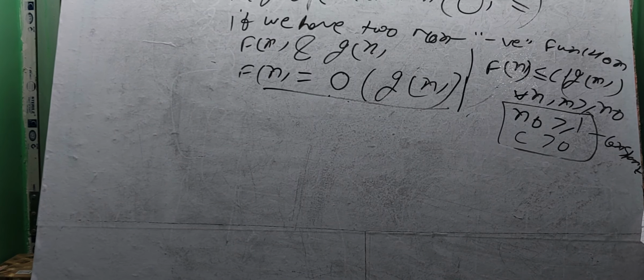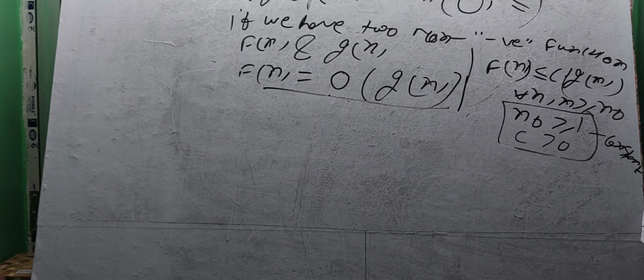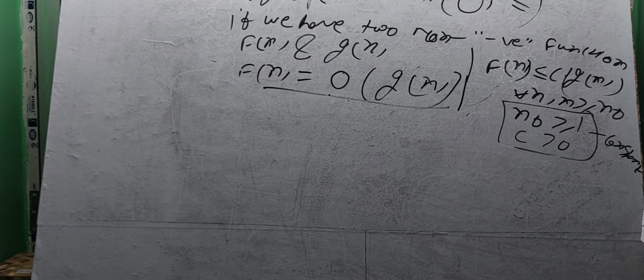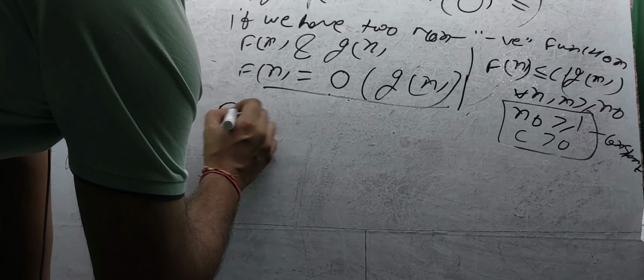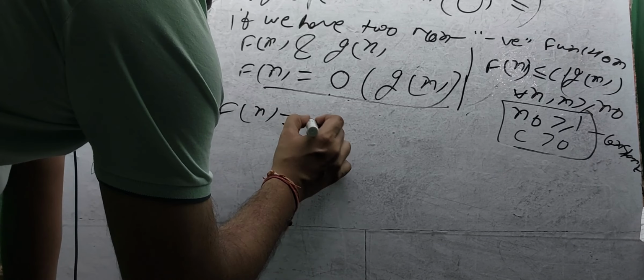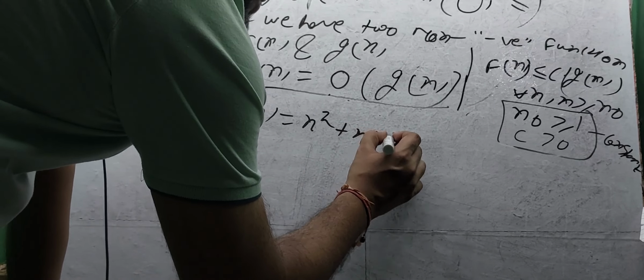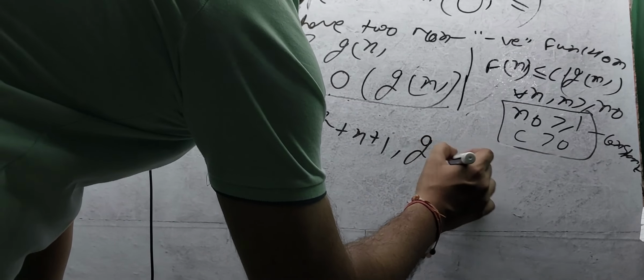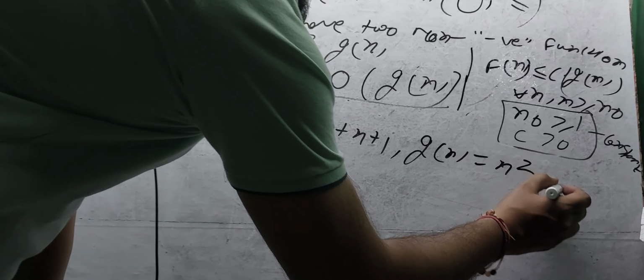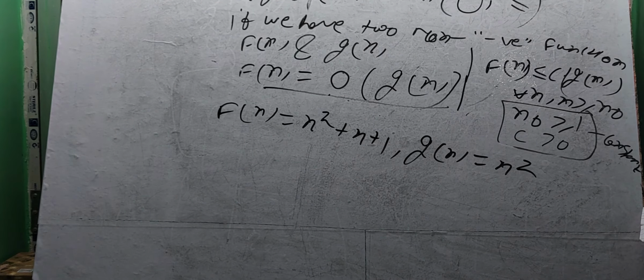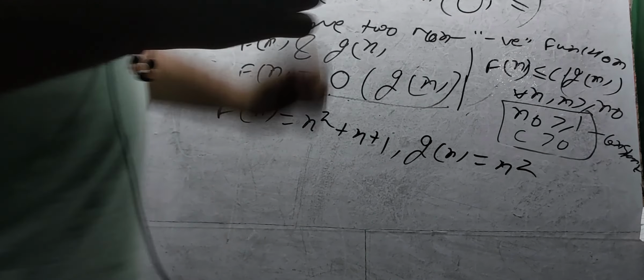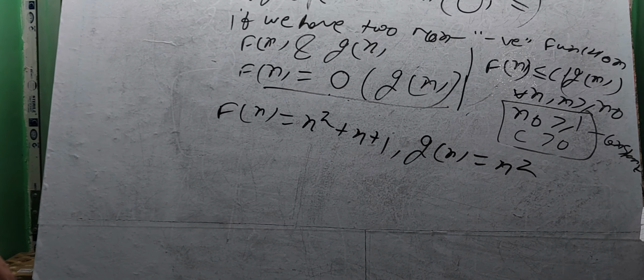Now we will take another example: take f of n equal to n square plus n plus 1 and g of n equal to n square. Clearly f of n is greater than g of n, but by using some constant we will make f of n less than or equal to g of n.